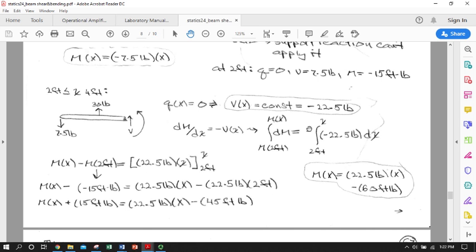Going to integrate that gives me 22.5 pounds times x. So that's the integral of what's in here. And now I'm going to use my limits of integration from 2 to x. So that gives me 22.5 pounds times x minus 22.5 pounds times 2 feet. So I get something that's in foot-pounds, gather all the constants together, and I get an expression for moment as a function of x at any x in this interval equals 22.5 pounds times x minus 60 foot-pounds.